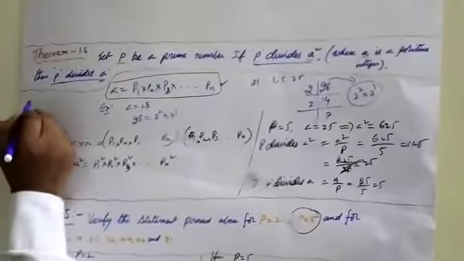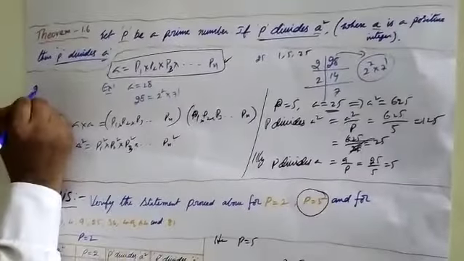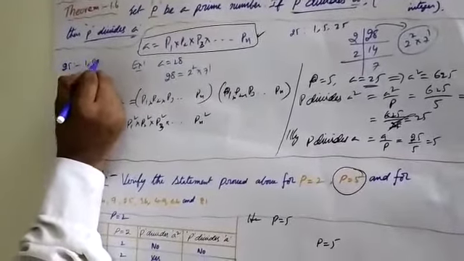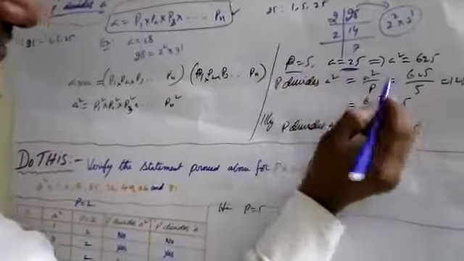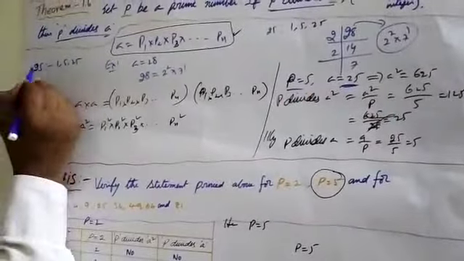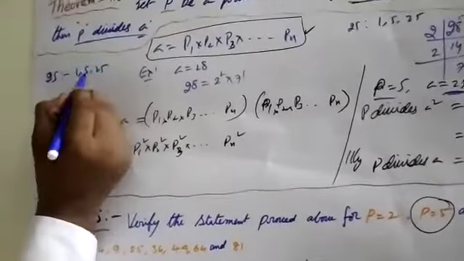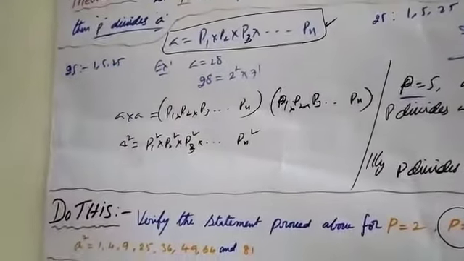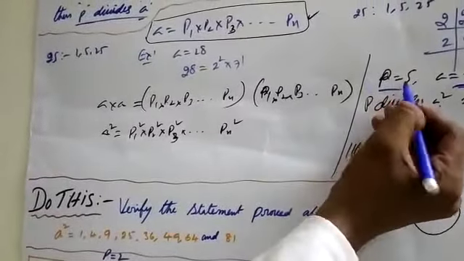For example, take 25. What are the factors of 25? 1, 5, 25. Compared to p, compared to a, what are the factors of a? 1 divides 25, 5 divides 25, 25 divides 25. Like p divides a². What is p? 5.